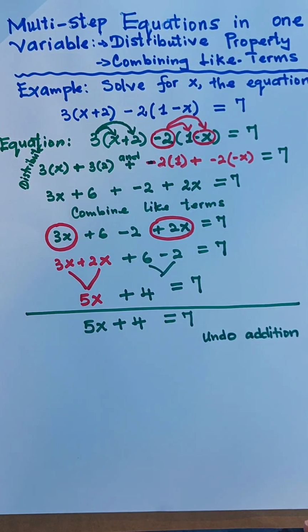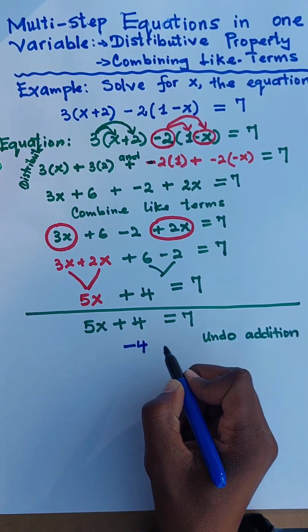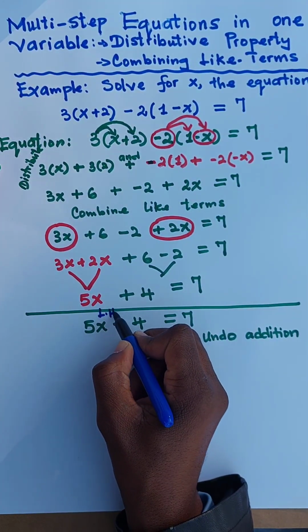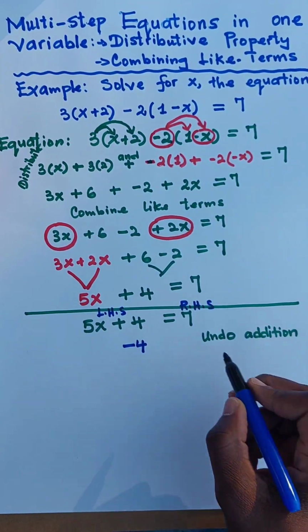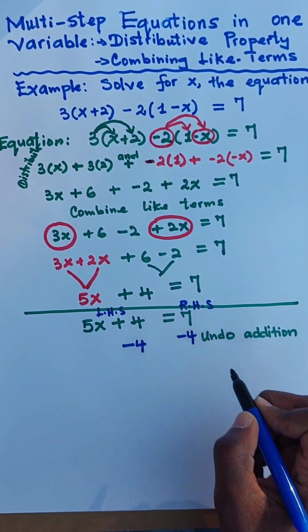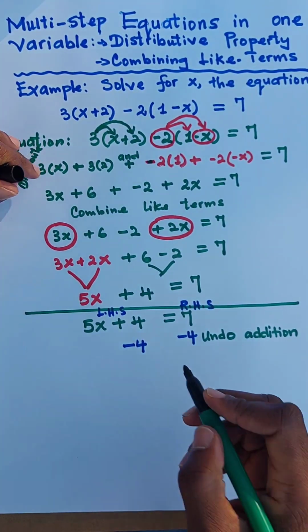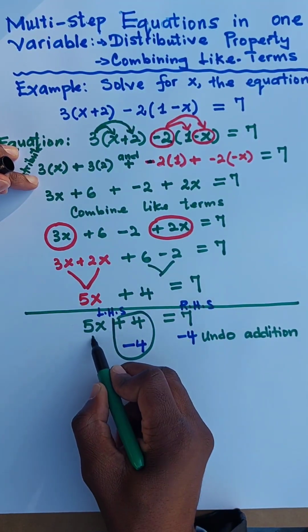So now we are going to undo that positive 4 with subtracting 4, and whatever you do on the left hand side of an equation, you do the same thing on the right hand side. So we will subtract 4 on the right hand side as well. So when that is done, 4 minus 4 is 0.